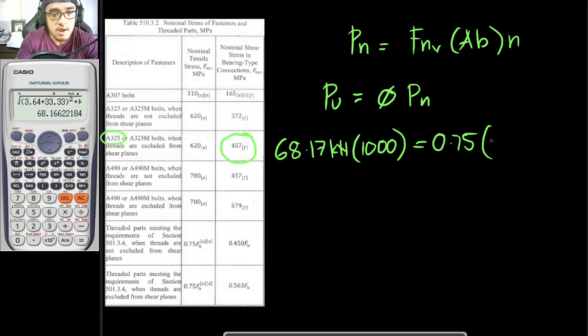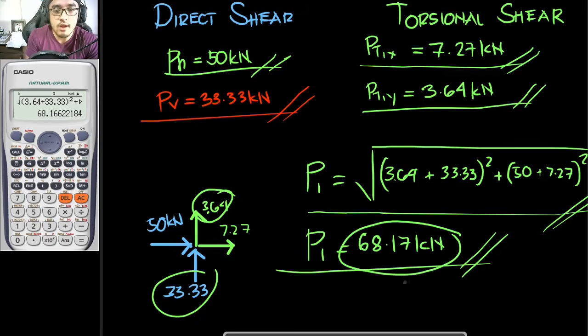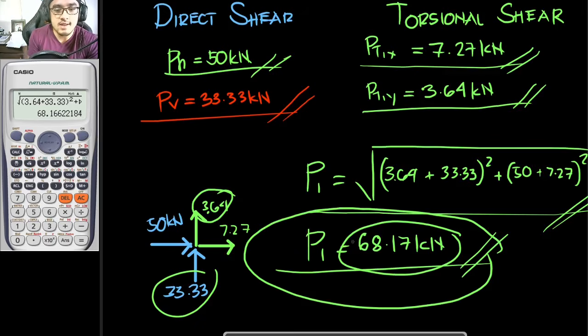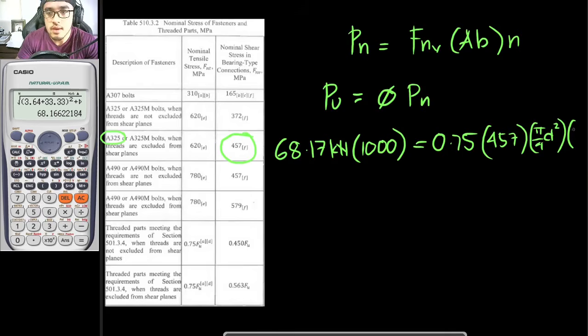So from that, this is 457 times the area of the bolt, and the area of one bolt is equal to pi over 4 times diameter squared. If we are to design our bolts, our D is the unknown, so we don't know the value of D yet. So D squared times the number of bolts, and since we are just to analyze this one right here, only one bolt resists this load. So that is 1.